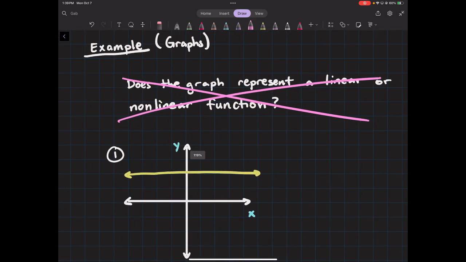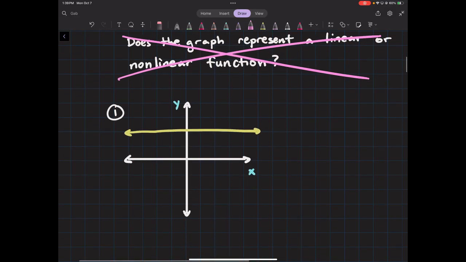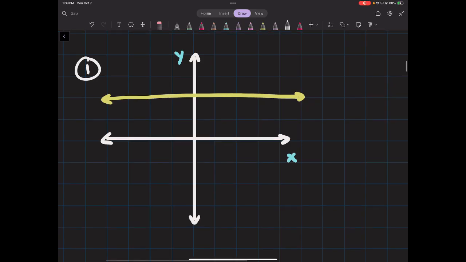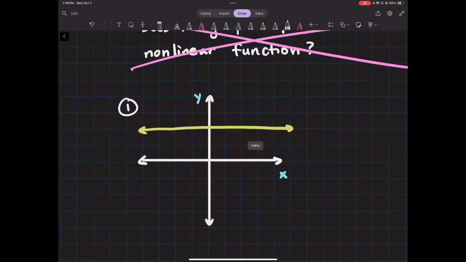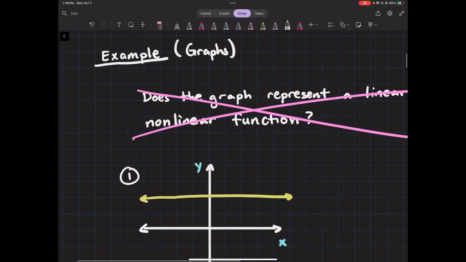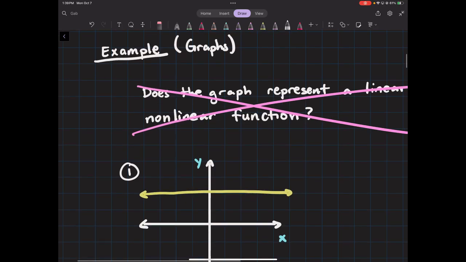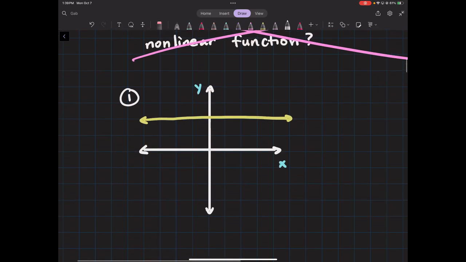Just get the little title, example (graphs), and then the actual picture.